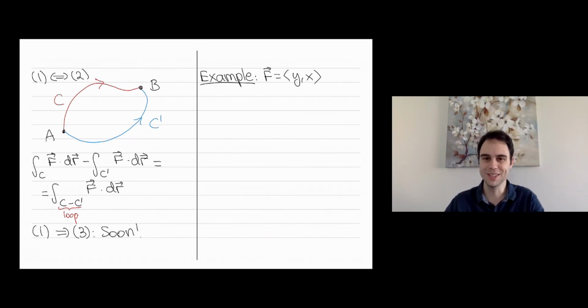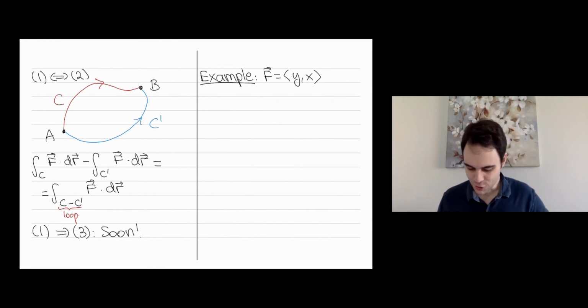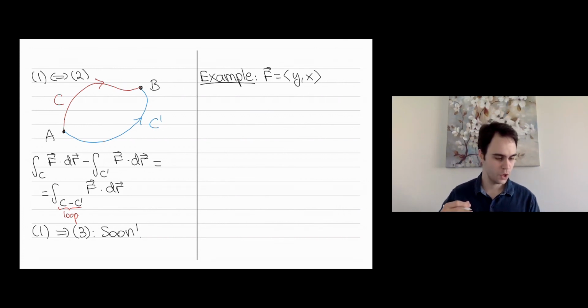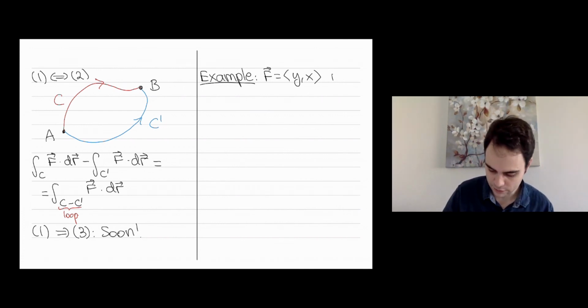Maybe you want to pause the video and think about this for a sec. Okay, so I'll be back in 3, 2, 1. So the answer is yes. This is a gradient vector field.